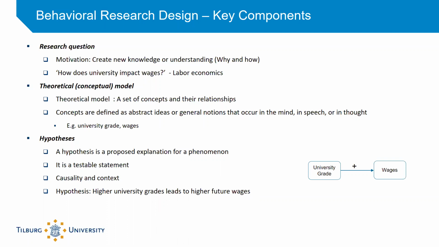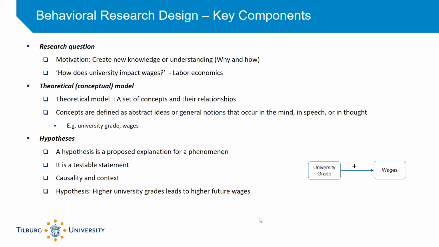Notice there are two important things that came into the hypothesis. One is known as causality. I stated that university grades impact future wages, and it's not the other way around. It's not future wages impacting university grade. We have a clear cause and effect relationship, and the hypothesis needs to test that causality as well.